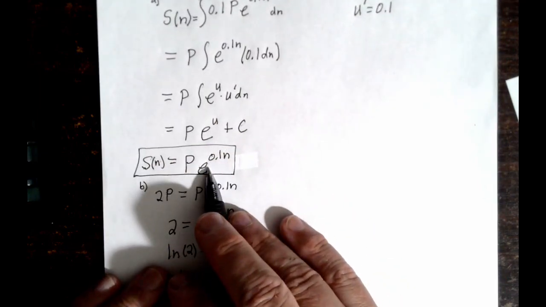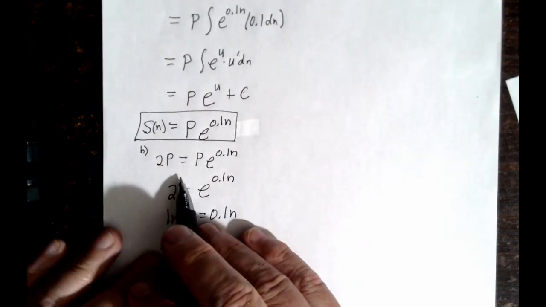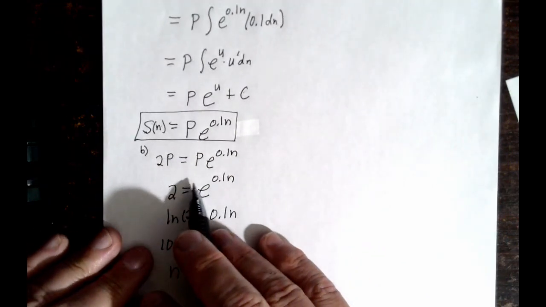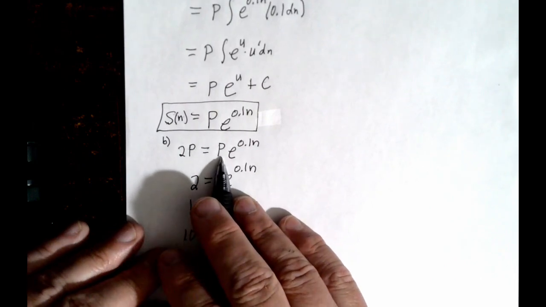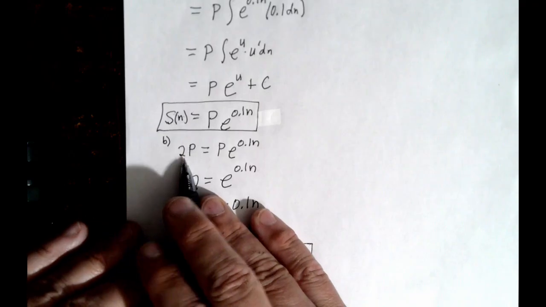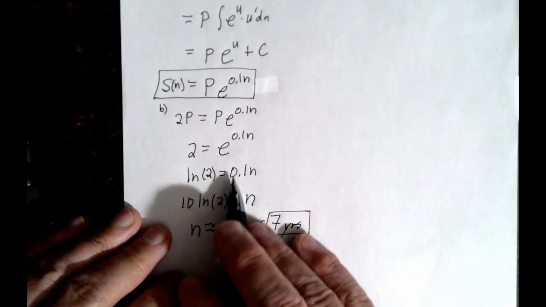And you let u be 0.1n. For b, they say, in how many years will the future value double? Well, p is your initial investment, so doubling means 2p. So when you solve this, you can divide both sides by p, and you get this.